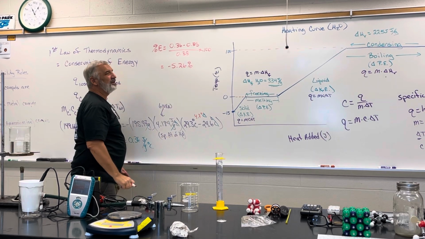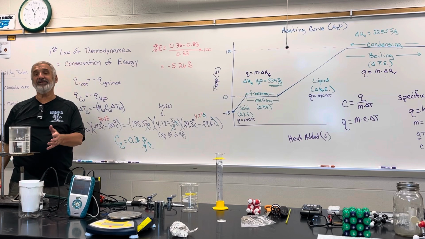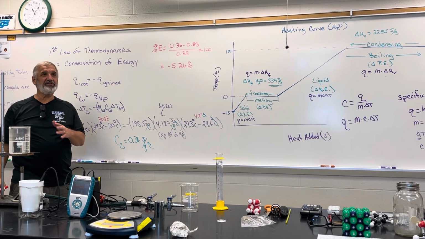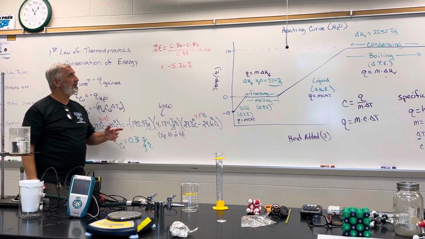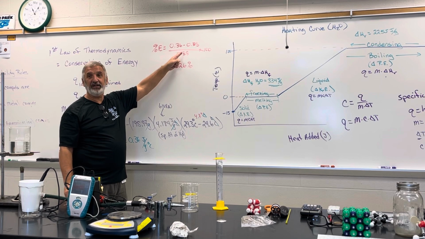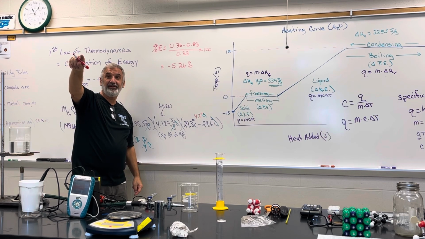Now, this is one where I really wanted to count sig figs on the labs that I'm grading, but they were all so bad that I ended up not doing it. But how many sig figs should there be? 2. 1. Why 1?